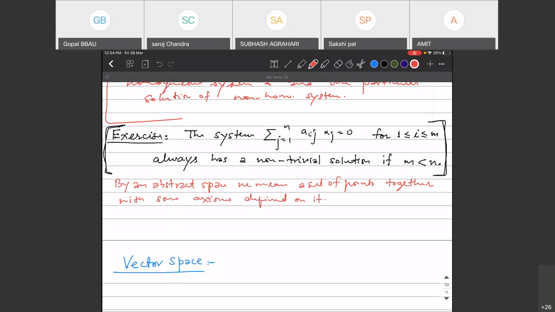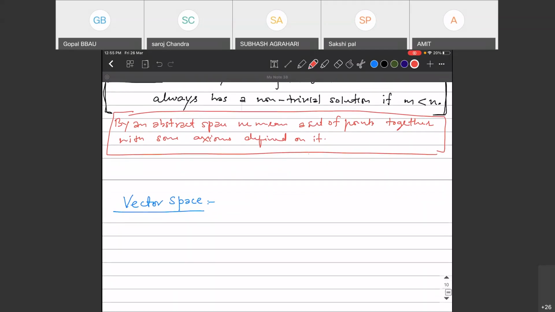And when these axioms get changed, the corresponding structure on the space gets changed. So this is the meaning of abstracting. I said a vector space is also an abstract space, so there are some axioms on a set of points.